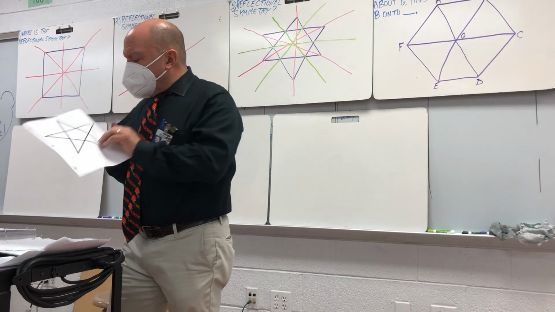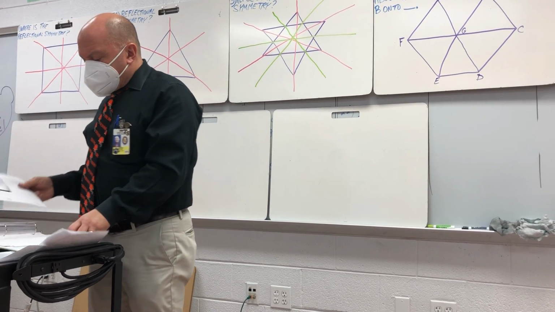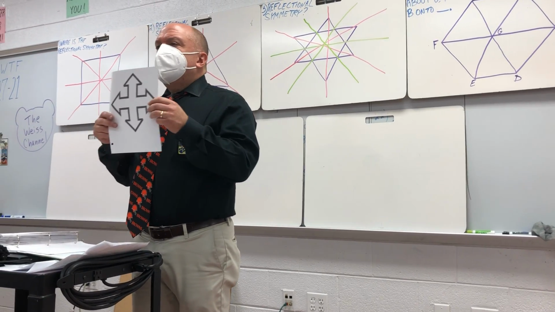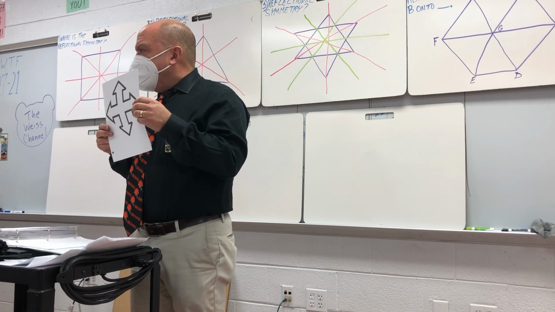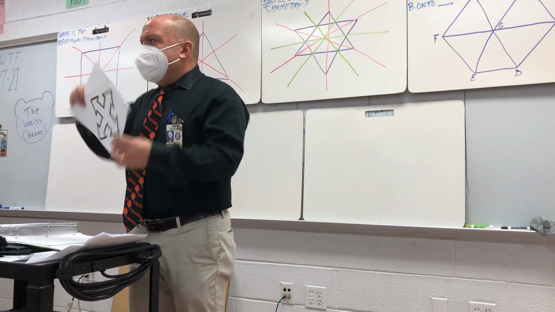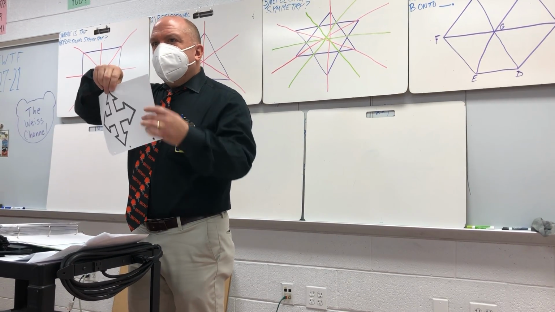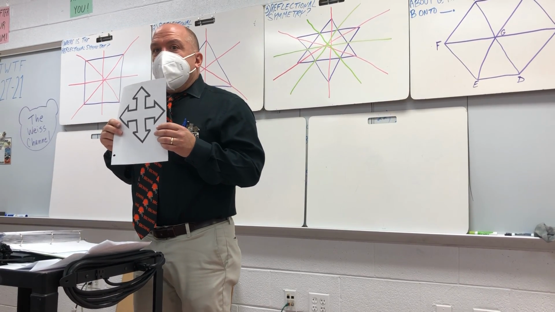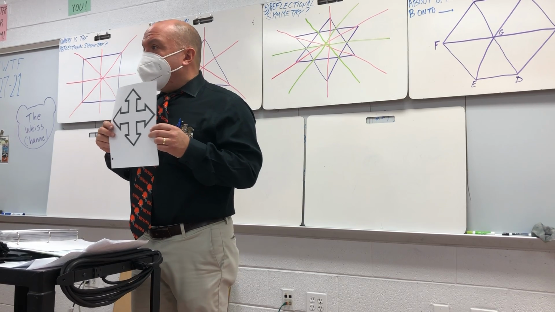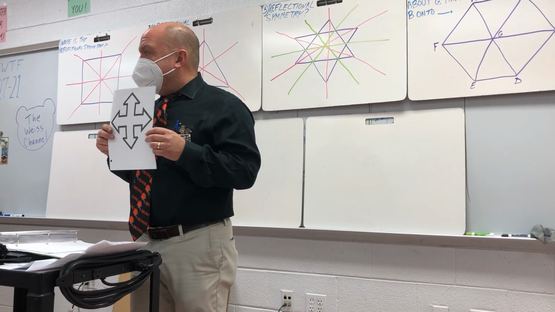By the way, I'm going to back up for a second. Do you agree that this one maps onto itself every 90 degrees? 90 degrees, 90 degrees, 90 degrees, and 90 degrees, right? In fact, isn't that 360 divided by 4 is 90, right?